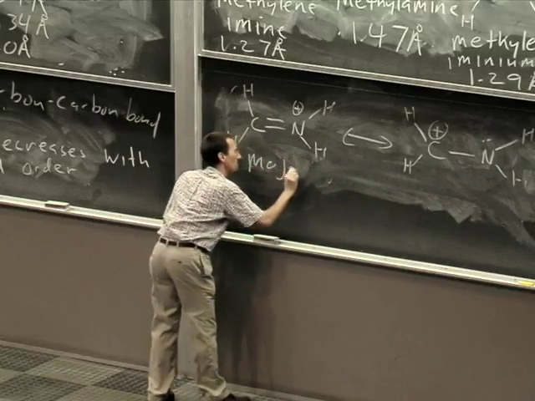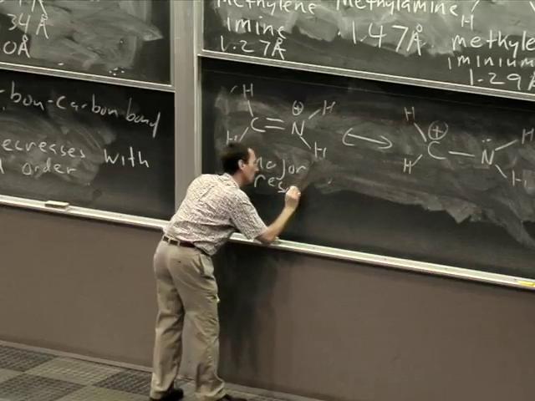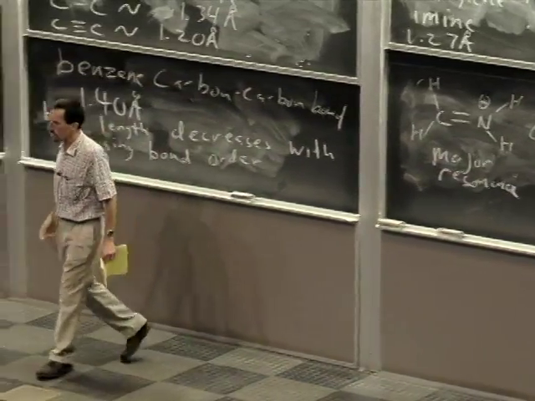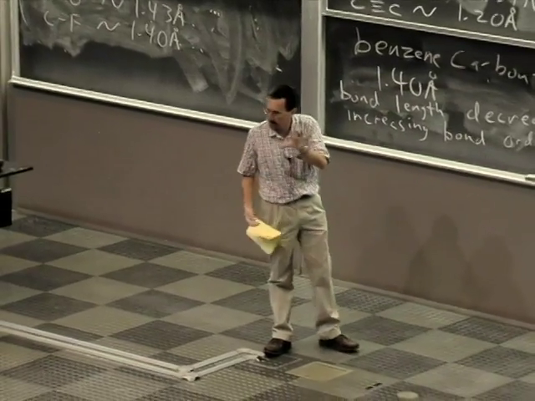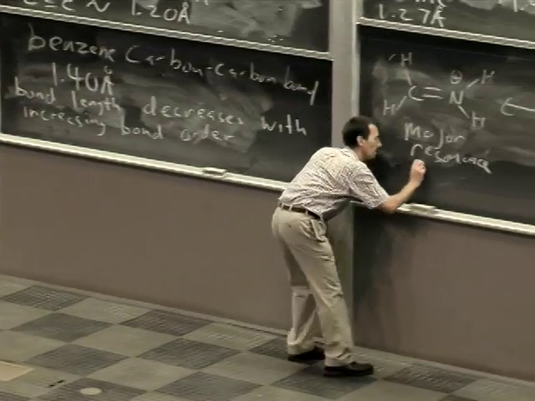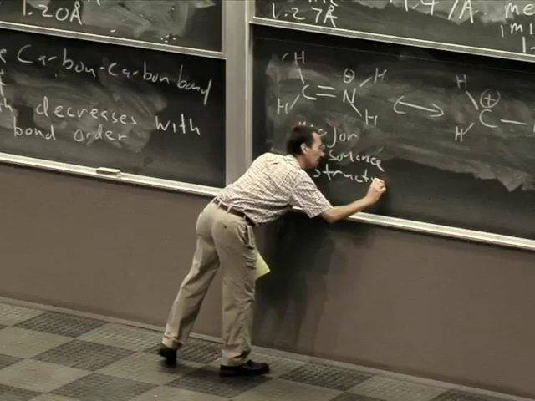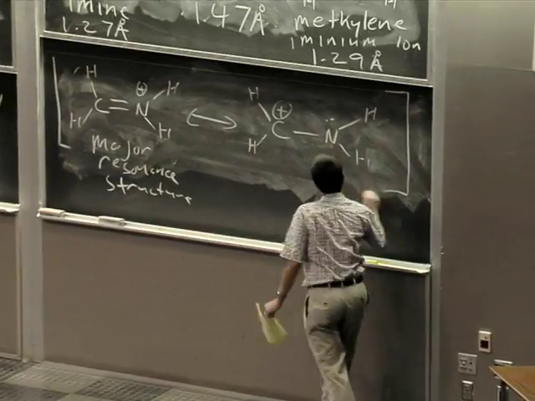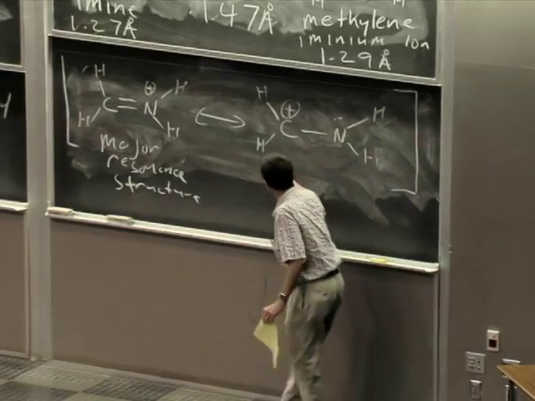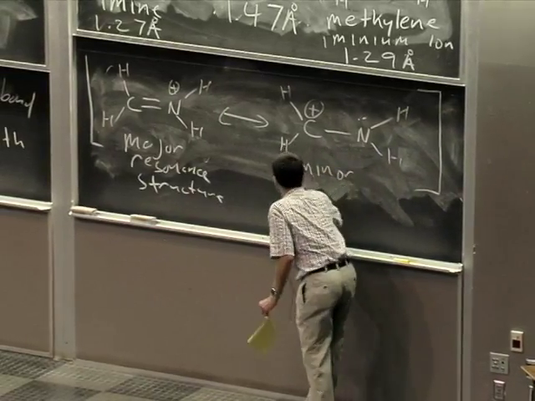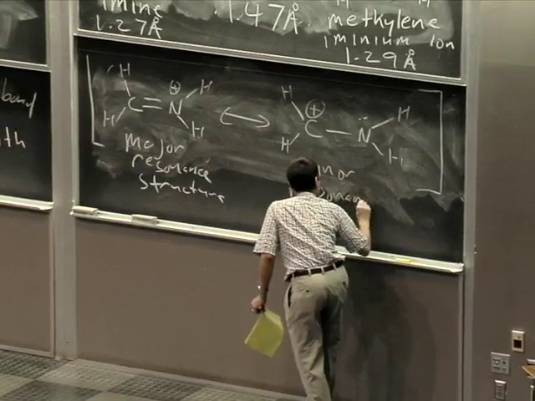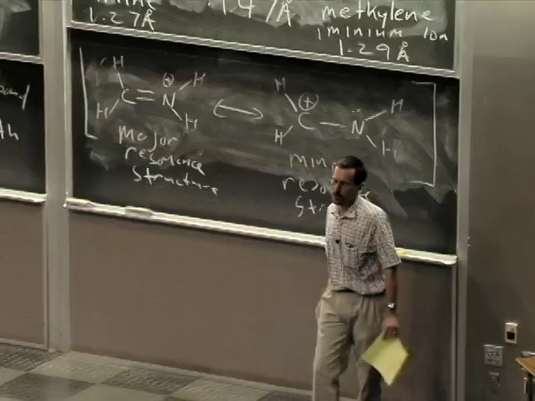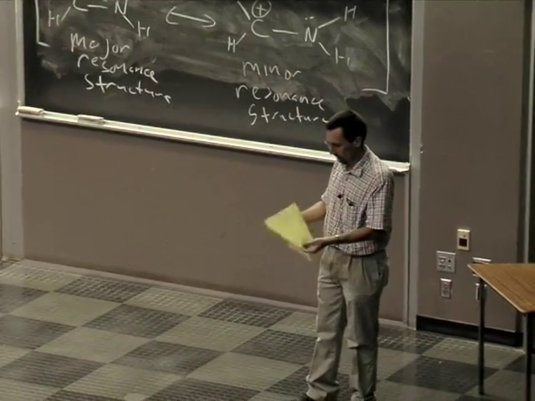In other words, again, we see that the major resonance structure, the most important one, the one that contributes roughly 90% to the picture of the methylene iminium ion, is the one with the complete octet. The minor resonance structure still contributes a little bit, but not a whole heck of a lot.